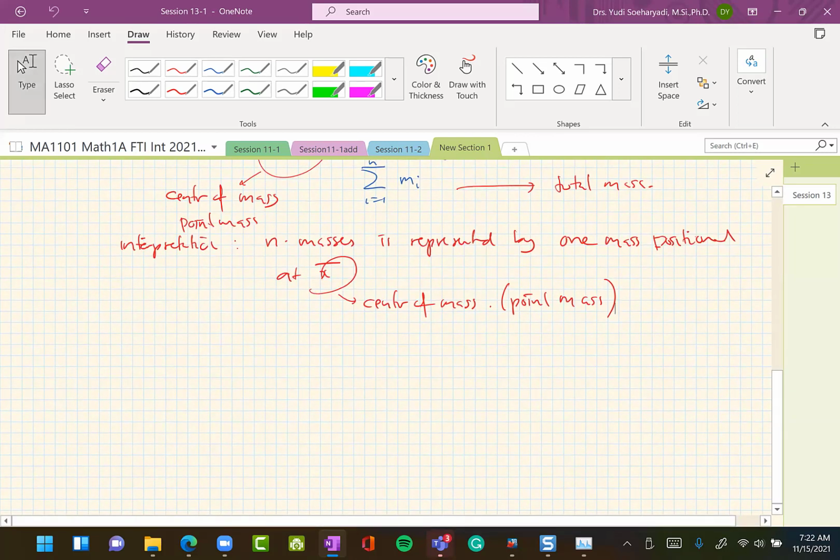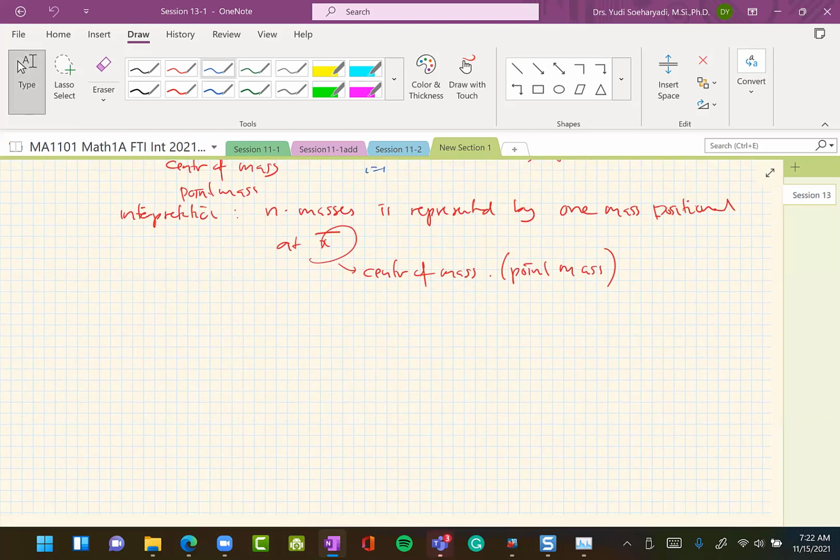Okay, so let's go directly to what has to do with the integrations. Let's jump to two dimensions.